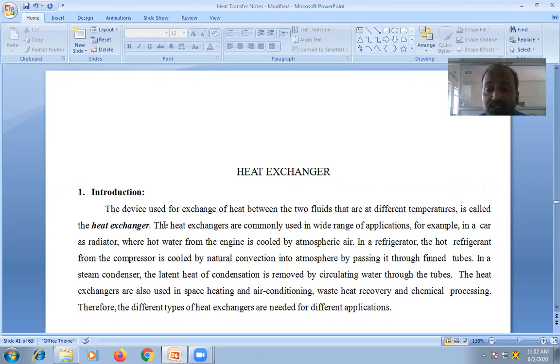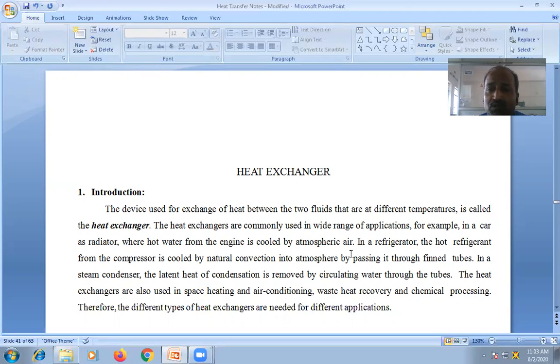The name itself indicates that the heat exchanger is useful in many ways. You can see that we can have a wide range of applications. A very good example is our automobile, where all types of heat exchangers are there. Radiator is a good example where the hot water is converted into cold water.